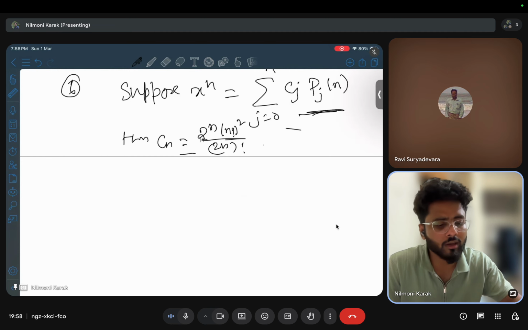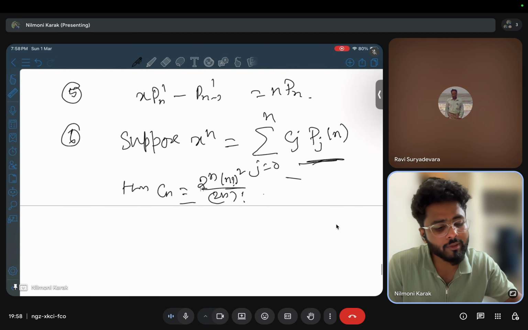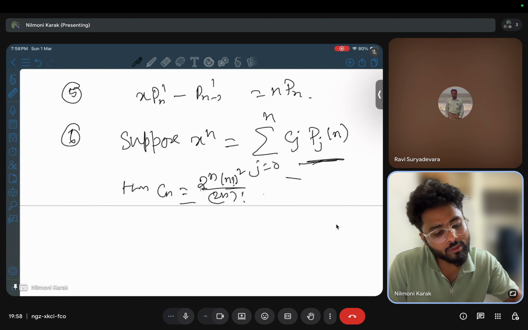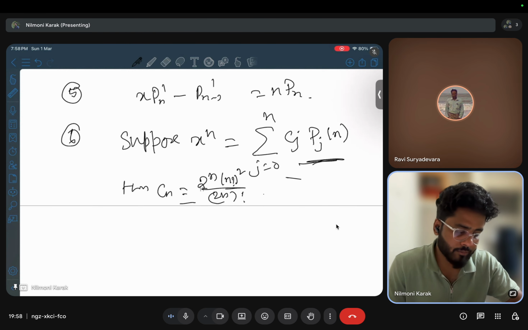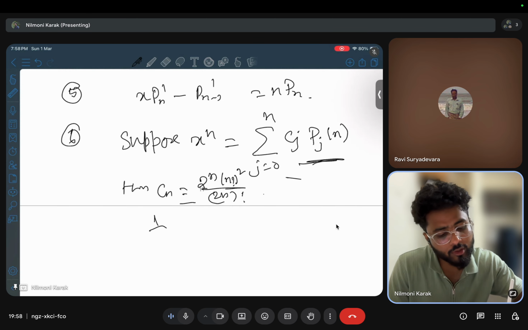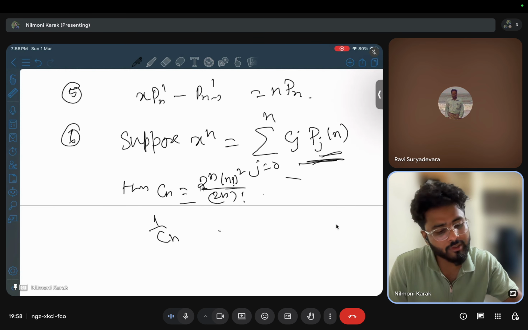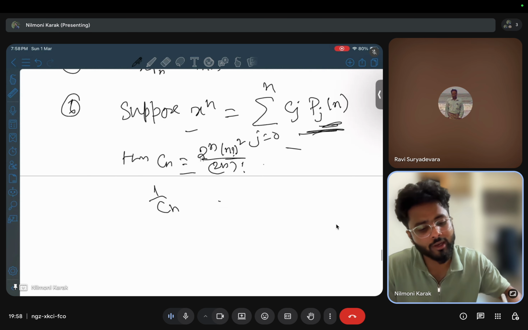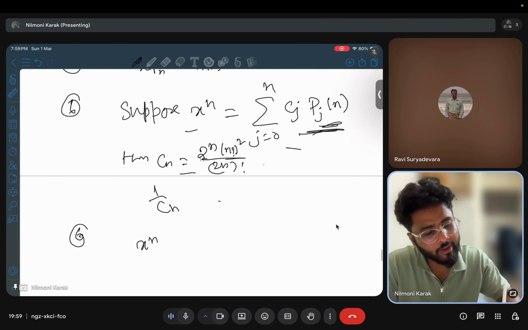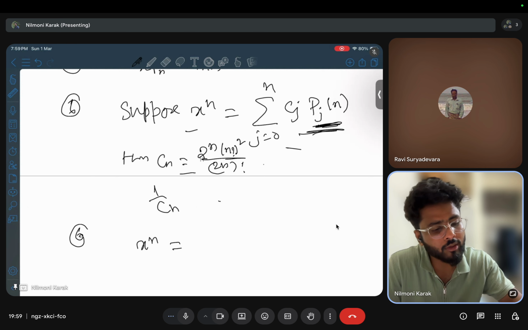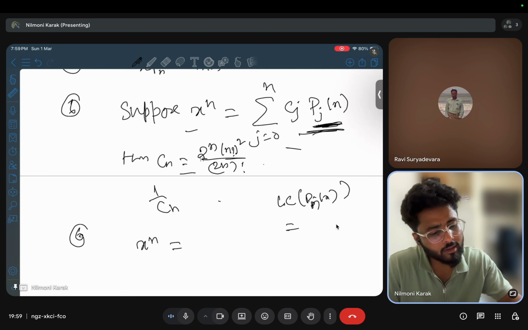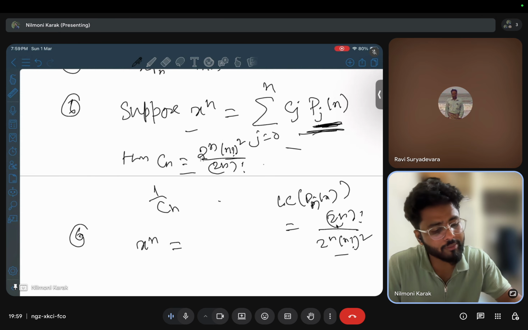So from this, 1 by c_n is your leading term for P_n(x). How to get x to the power n? You know the leading coefficient of P_n(x) is (2n)! over 2 to the power n, n factorial squared, just as we have seen.